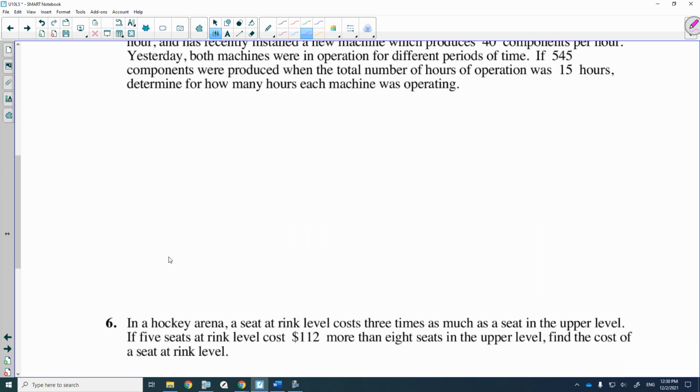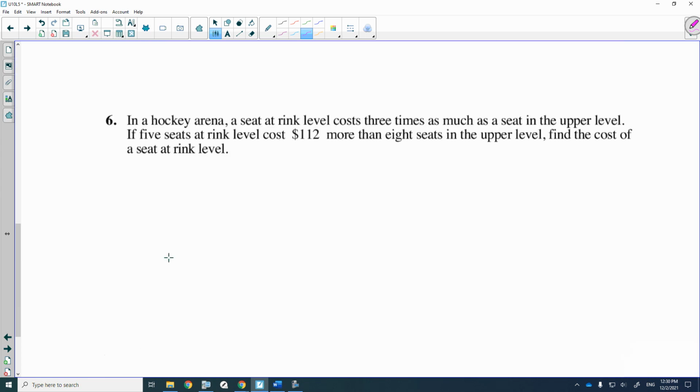Let's look at 6. I want you guys to star number 6. Here's what it says. In a hockey arena, like if you buy tickets to an Oilers game, a seat at rink level costs 3 times as much as a seat in upper level.